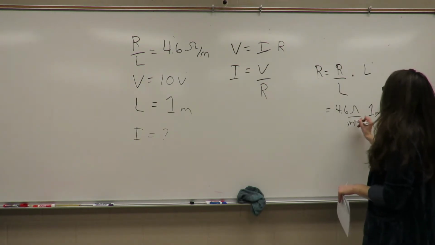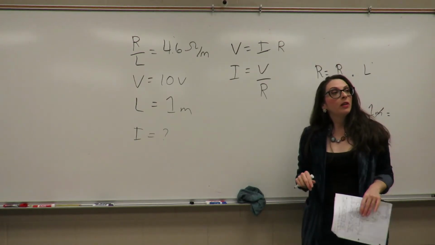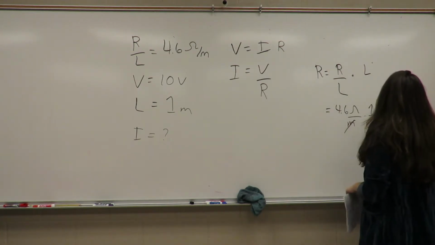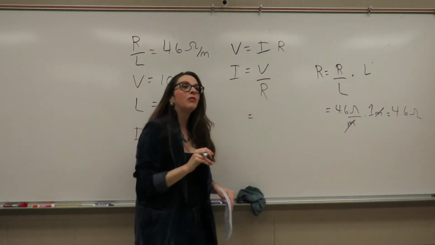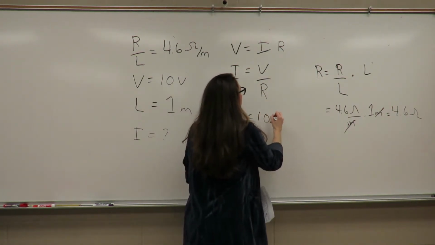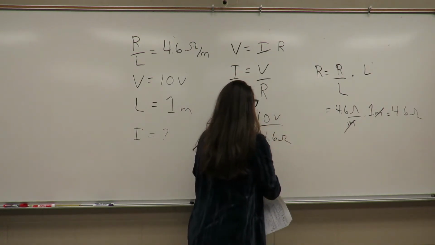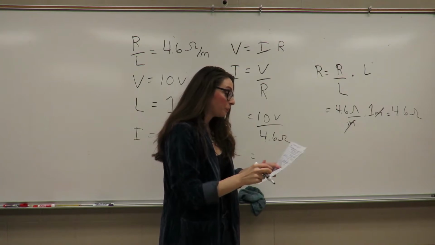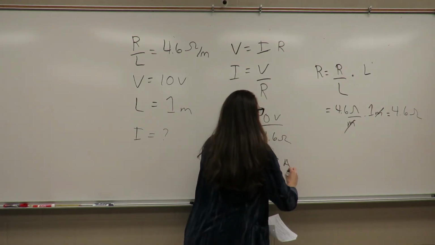And so that just simply shows us that the resistance of this 1 meter length of wire is going to be 4.6 ohms. So our current that we're looking for here is just going to be 10 volts divided by 4.6 ohms, and that equals 2.17 amperes.